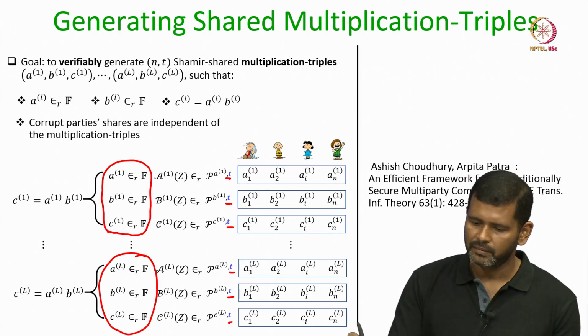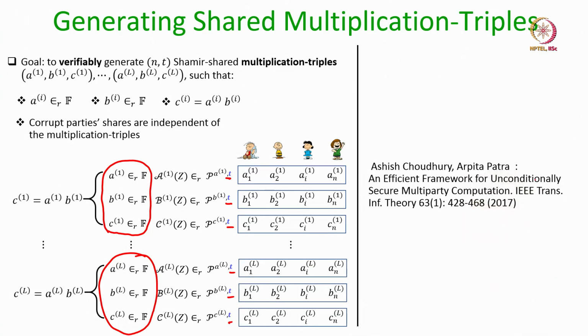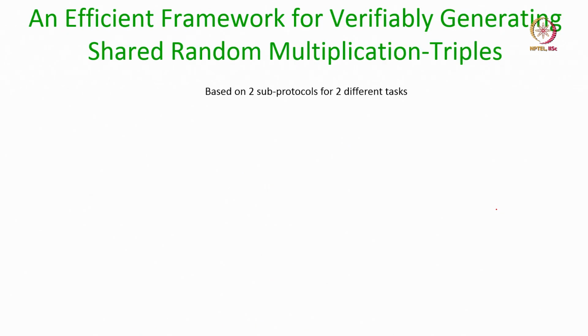And as I said, for getting these multiplication triplets there are several methods, but I will be discussing a very efficient framework taken from this paper. So, the framework is based on two sub protocols for two different tasks.